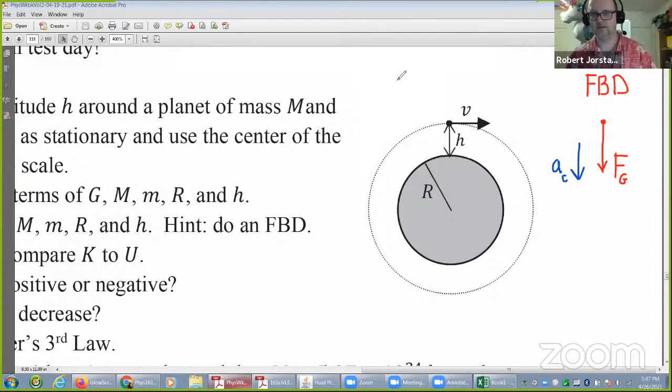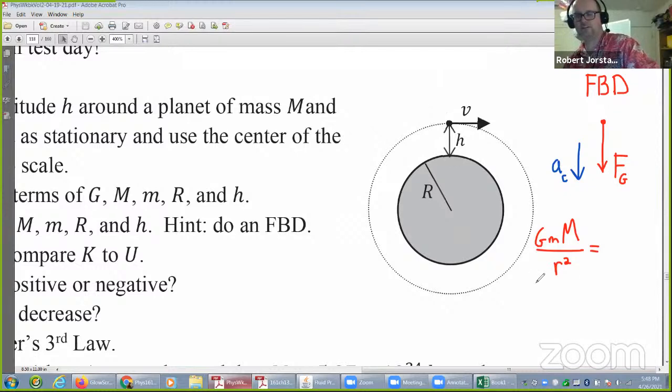Cool. Now, in this case, the force due to gravity is G times M times big M over R squared. That's the magnitude. This should equal what? That's the net force.